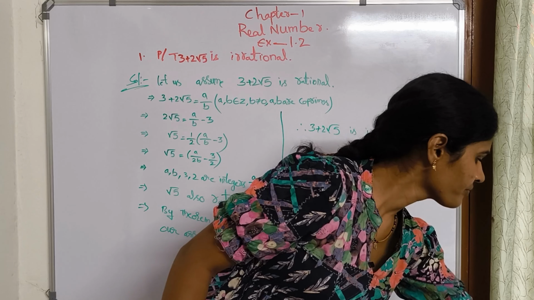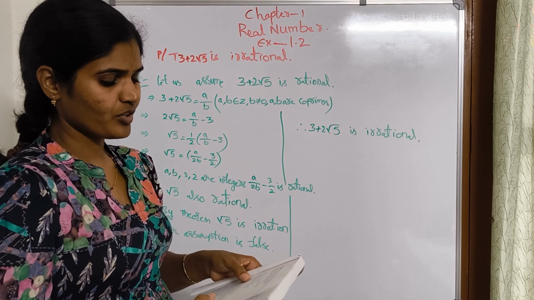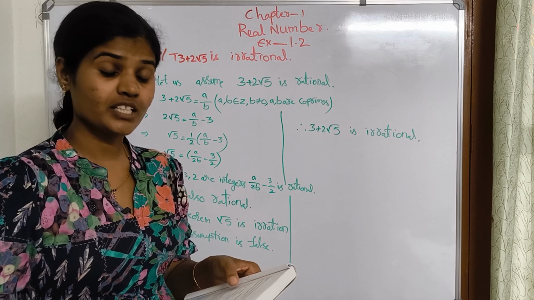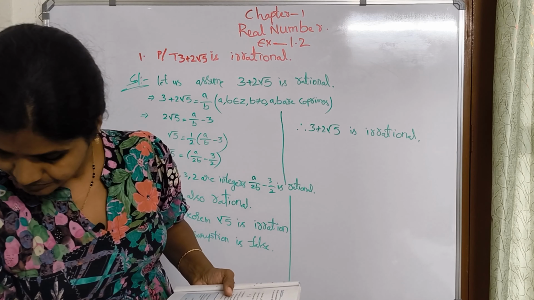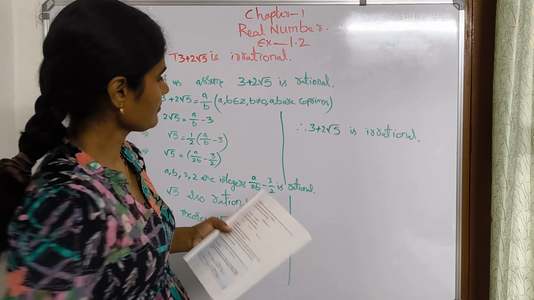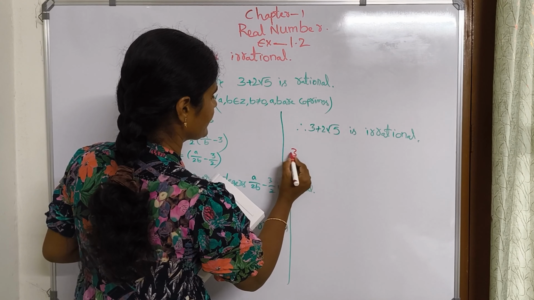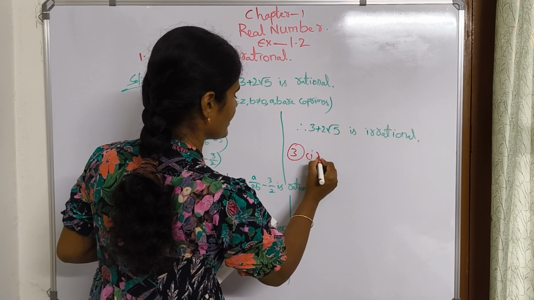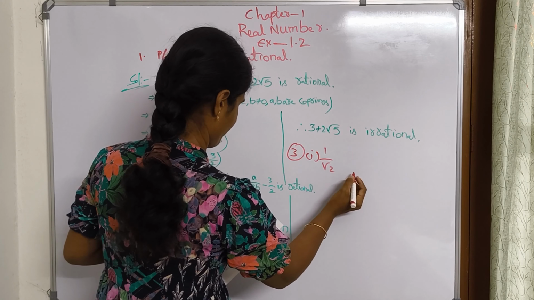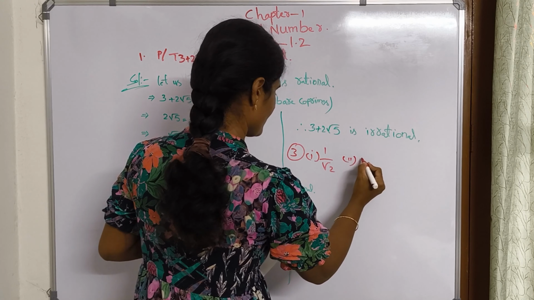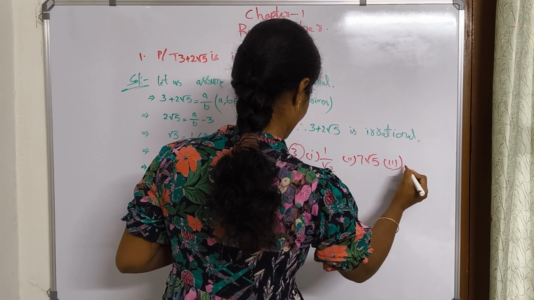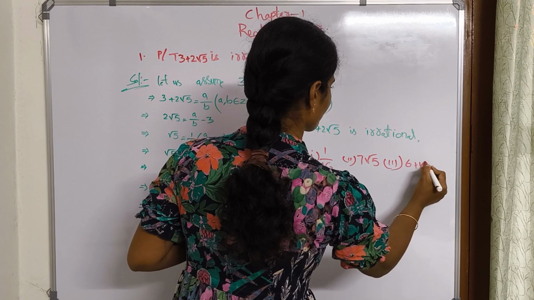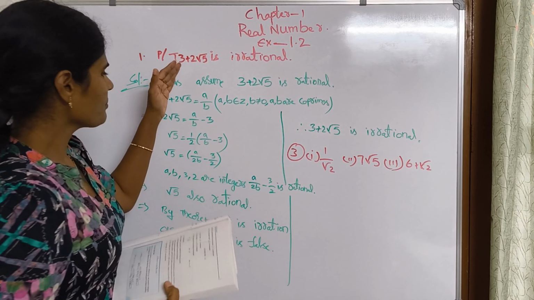Next question: prove that the following are irrational. In the third question, the first one is 1 by root 2, the second one is 7 root 5, and the third one is 6 plus root 2. Same method.